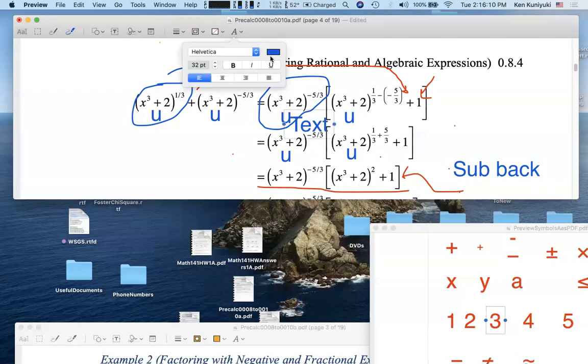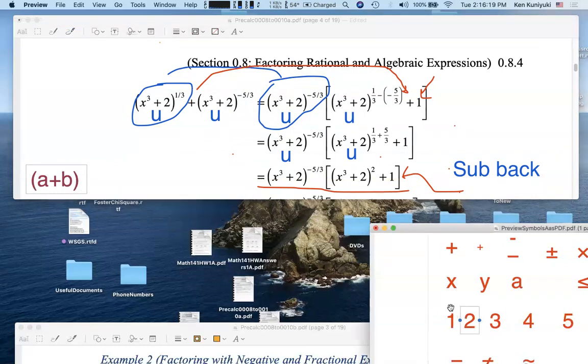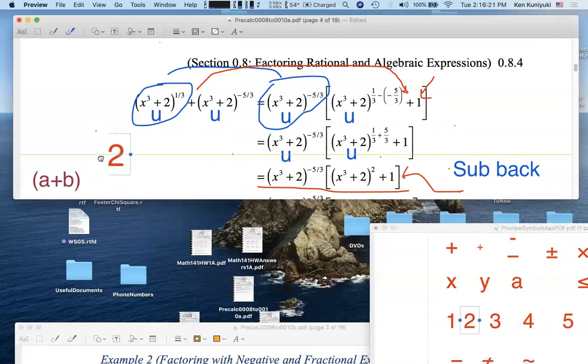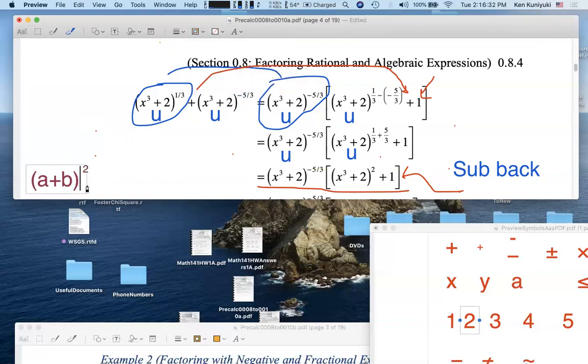Remember, what is the square of a plus b? The square of a plus b is not a squared plus b squared.